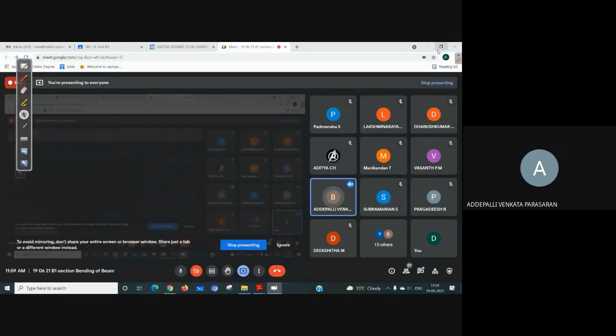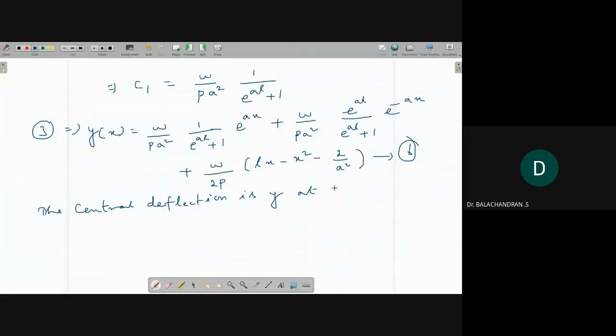X equal to L by 2. Very good, Parasuran. X is equal to L by 2. Okay, so substitute in equation 6.